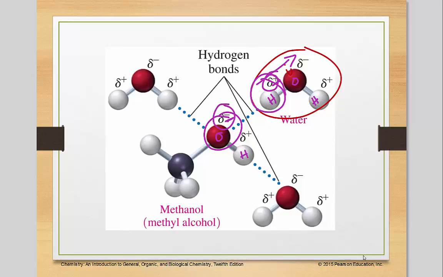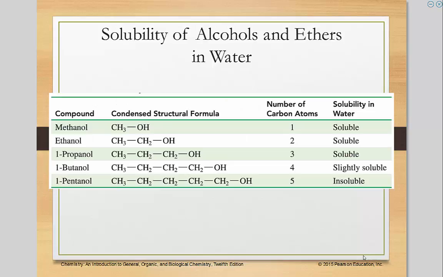That's great, but it only works so well. If we go over here to our list, once you get past 3, this OH isn't as powerful as it once was, so the attraction there isn't as great. So 1 to 3 carbons, and it's going to be soluble. 4 is the magic number.